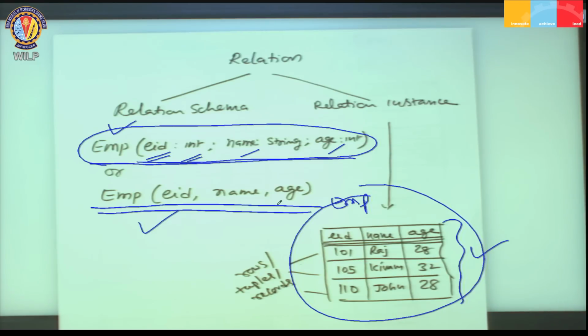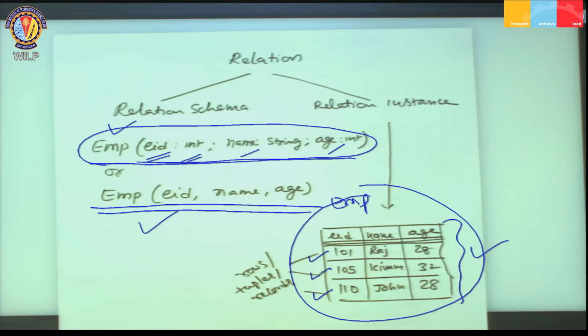An instance of a relation at any given point of time contains a set of valid rows, tuples or records for that relation. If you observe carefully, there are 3 tuples in this. A relation instance can be seen as a table of rows, and each row obeys the structure specified in the relation schema.